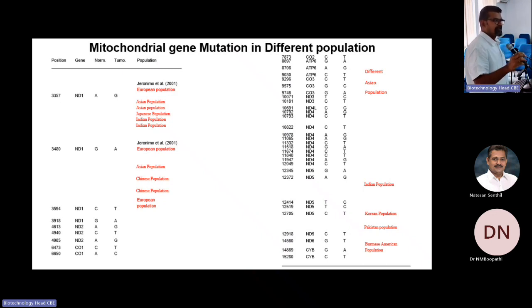So for the same cancer, different mutations in different genes can be present, or for different cancers, different genes and different mutations can be present, and it is all population specific. So it is also linked with their cultures, habits, ancestry, ethnicity, and things like that.